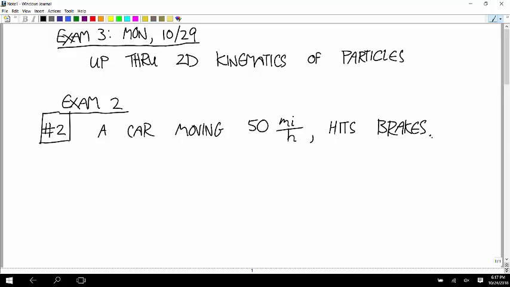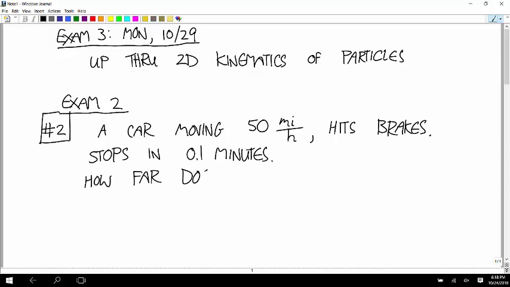And it actually would work that way too, but that's sort of a somber way to write a problem. And stops in 0.1 minutes. How far does the car travel in that time? And we want to express the answer in millimeters.